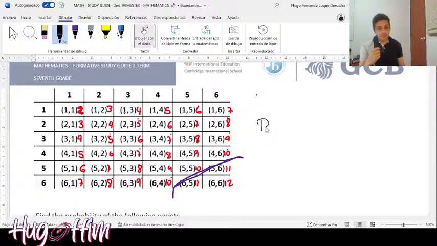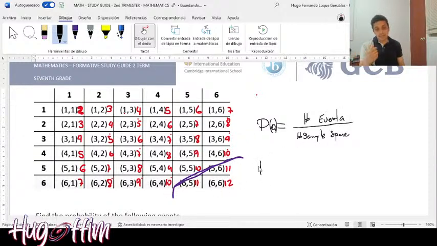If you're going to find the probability, you just need the number of possible outcomes, or the sample space number, and the number of outcomes of my event A. In this case, the event A is at least 10. So I'm going to have all the outcomes but these three.